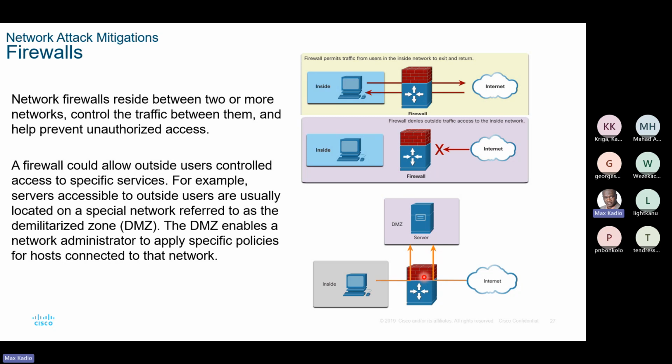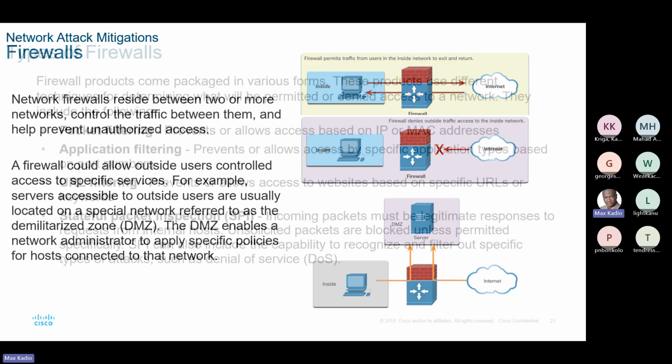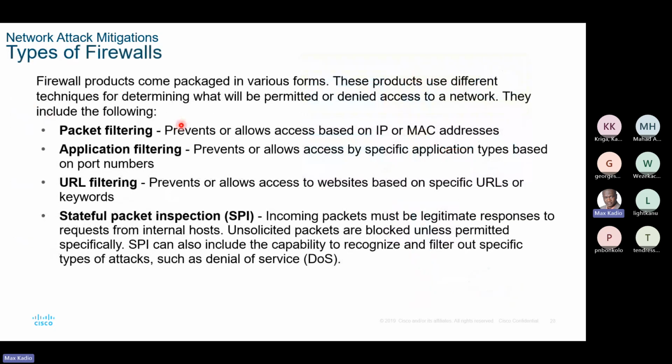So you can deny or allow traffic. We have different types of firewalls to allow or deny traffic in or out of your network. We will try to explain more here.